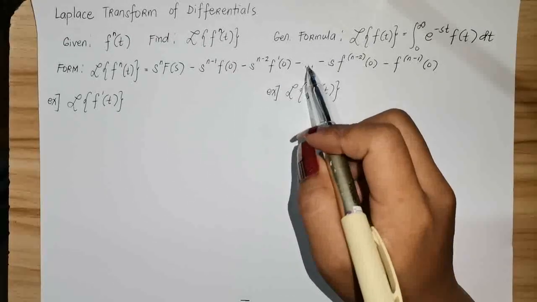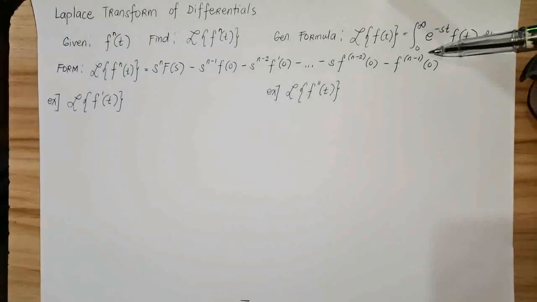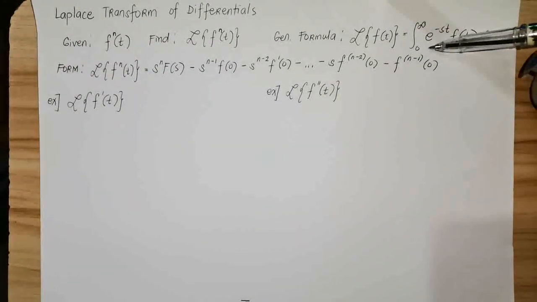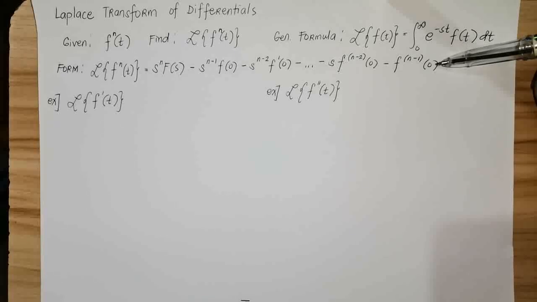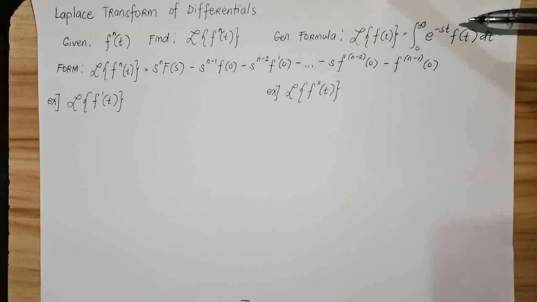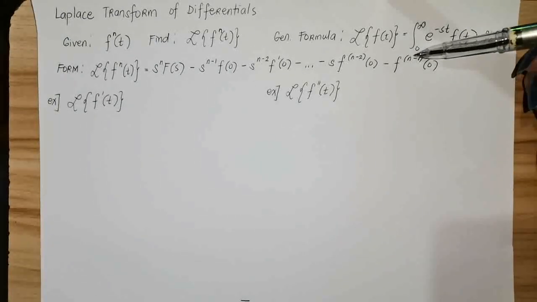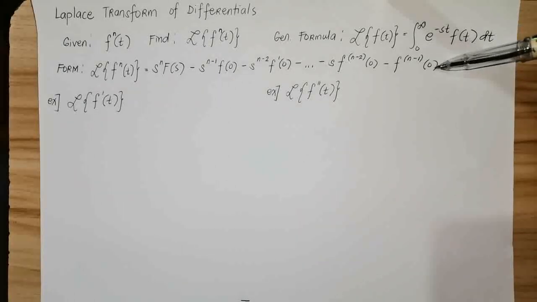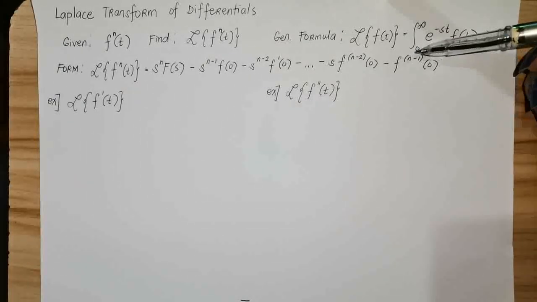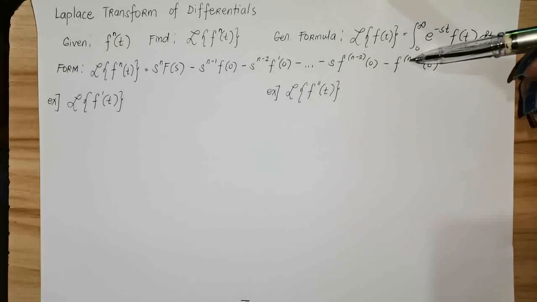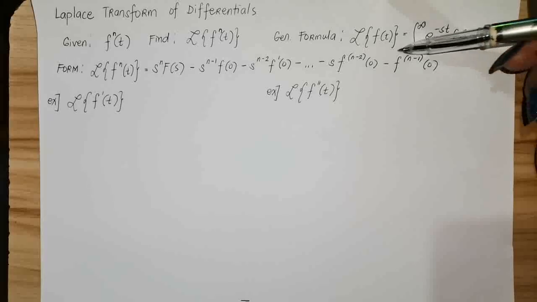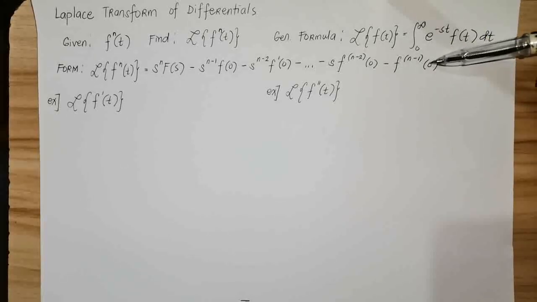Then it goes up until you reach f raised to n minus 1 of 0. So earlier, if you were given the third derivative, that is f raised to 3 minus 1 of 0. So that will be f second of 0, the second derivative of the function wherein t is 0.